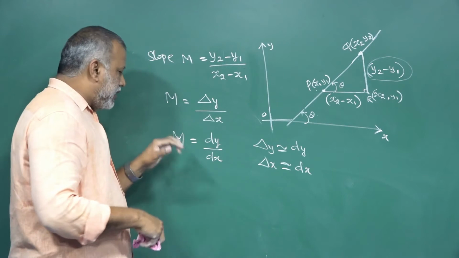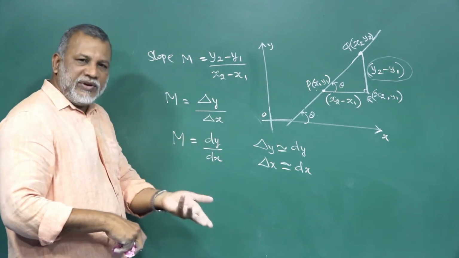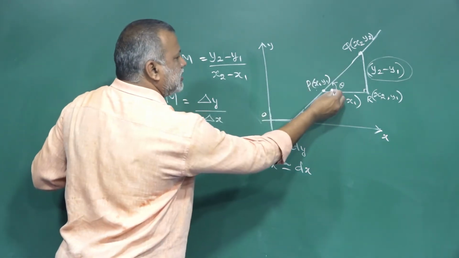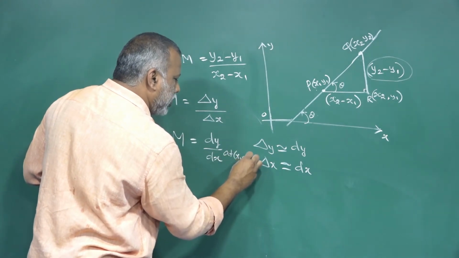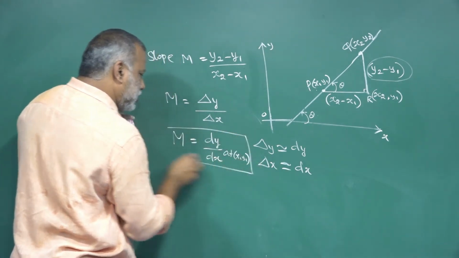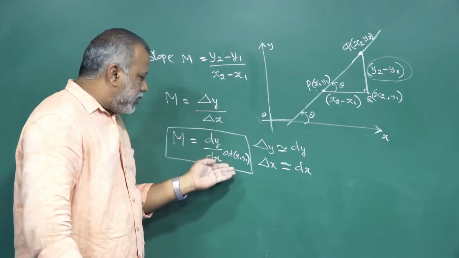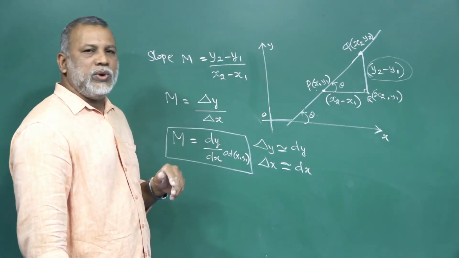We can produce slope m with the help of differentiation, dy by dx at any point, so we can use it at x1 comma y1. So it is also the slope of a straight line. If you know the equation and the point, you can differentiate dy by dx at x1 comma y1.